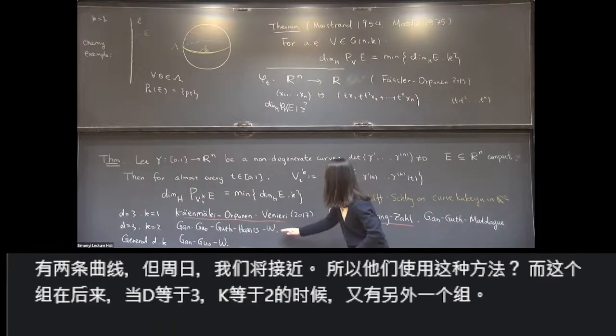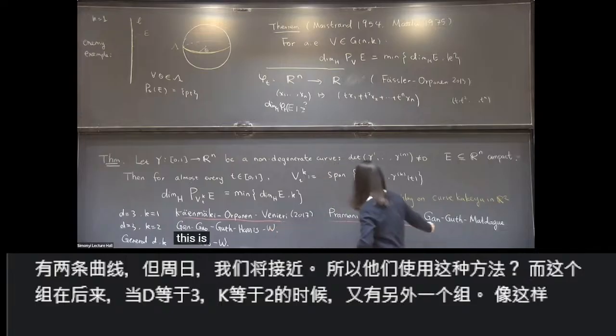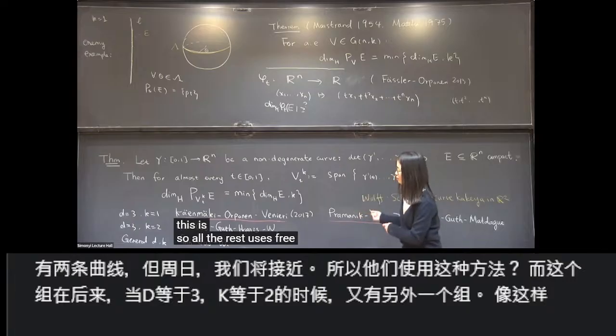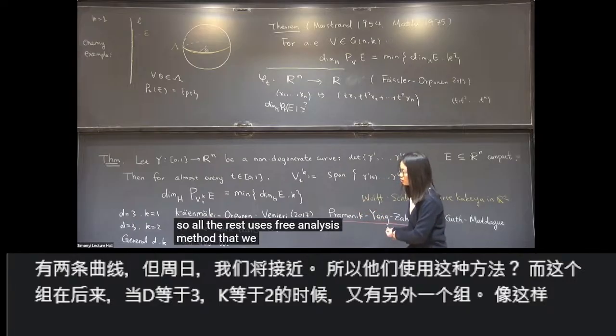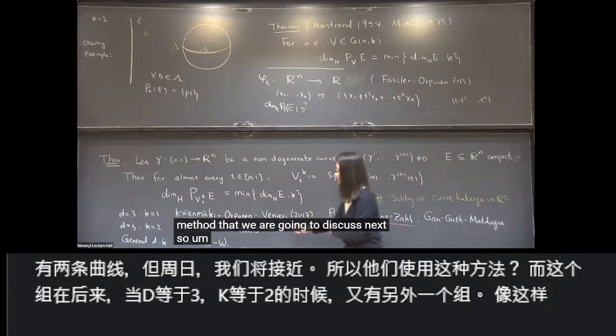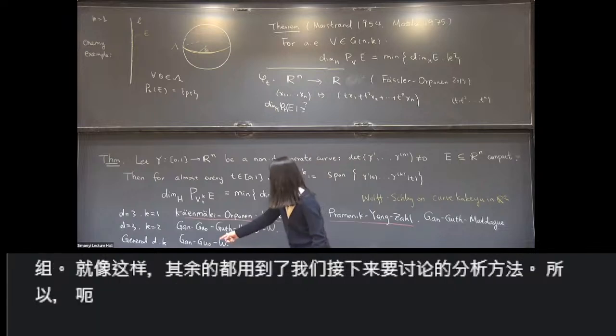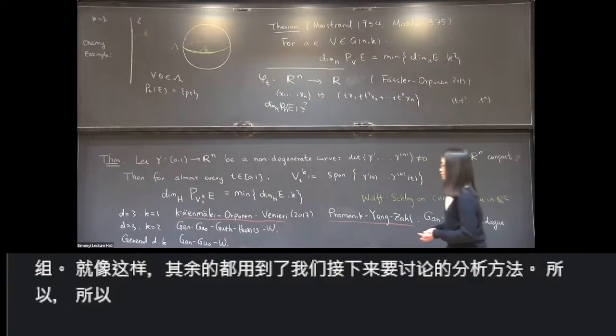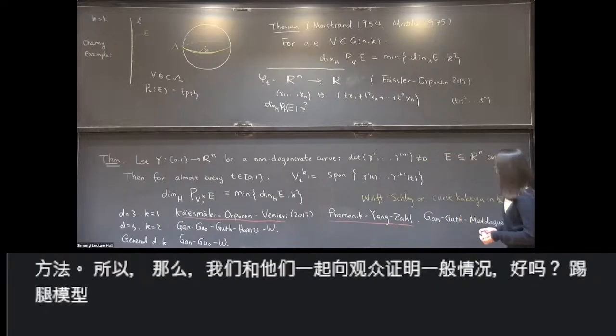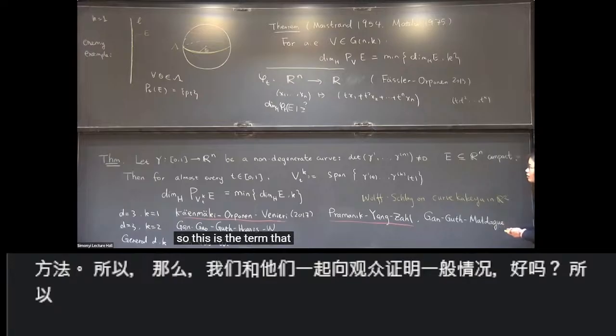All the rest use a Fourier analysis method that we are going to discuss next. So with Gan and Guo, we proved the general cases for all d and k, k smaller or equal than d. So this is the thing that we are going to talk about.